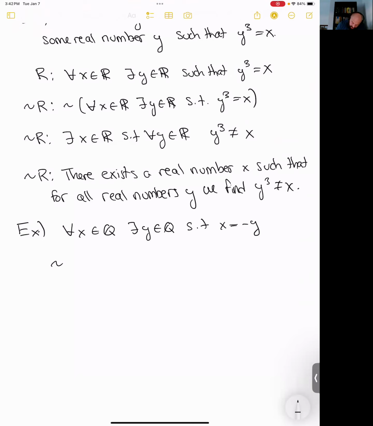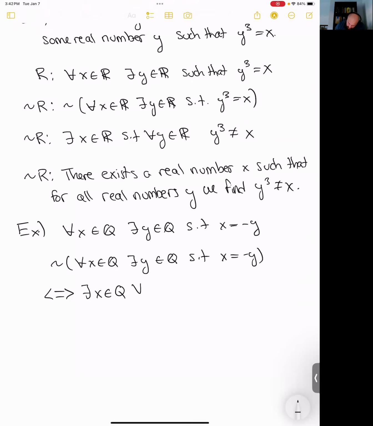So then if I negate that, well, the negation is logically equivalent to the following statement, which is that there exists an x, because the not hits the for all and becomes there exists.